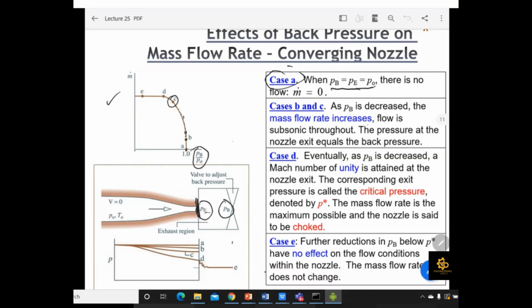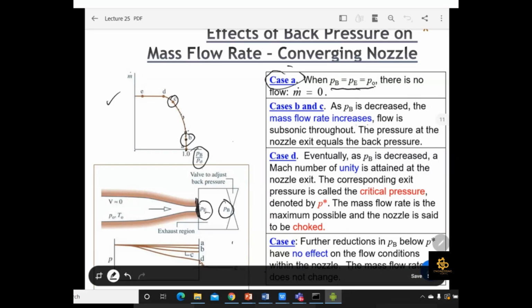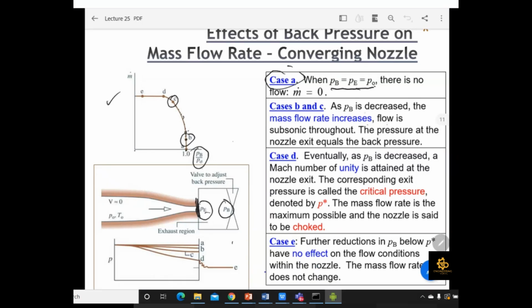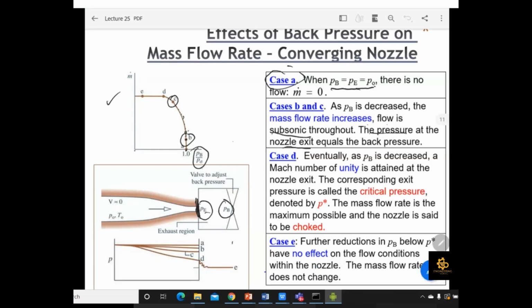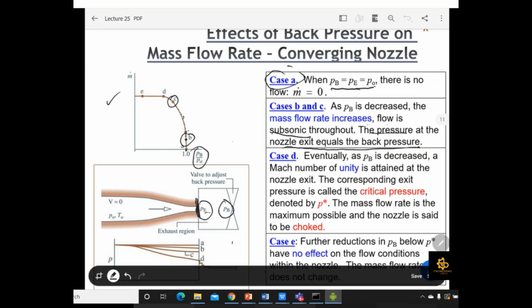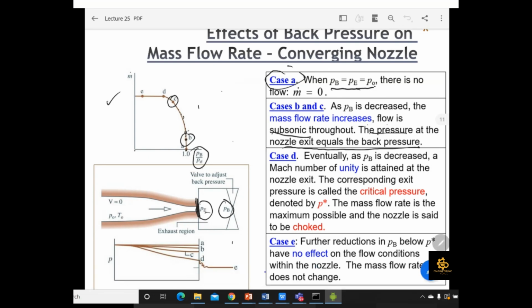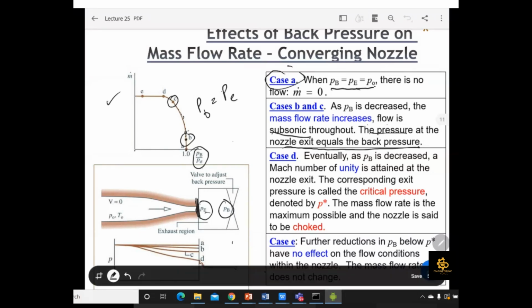This is point C, where the flow is subsonic and the pressure at the nozzle exit equals the back pressure. Whenever it is mentioned that PB is decreased and the flow is subsonic, it means that the back pressure becomes equal to the exit pressure. This is an important point.